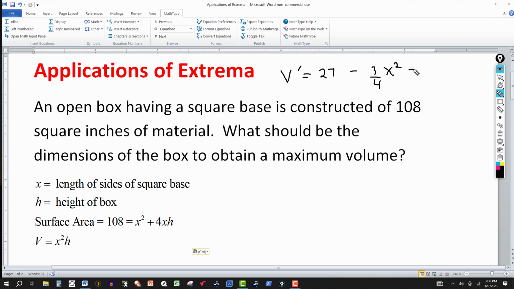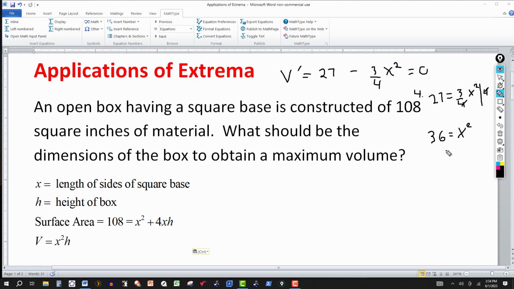So the only thing we need to look at is when this is going to be 0. That gives us 27 equal to 3/4 x squared. Then multiply both sides by 4 and divide by 3. This will give me 36 on this side equal to x squared.